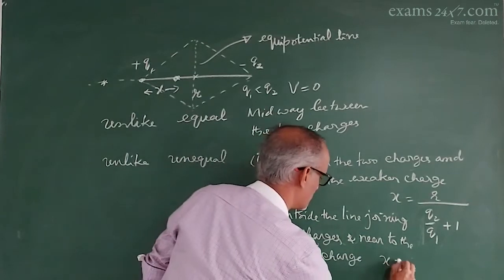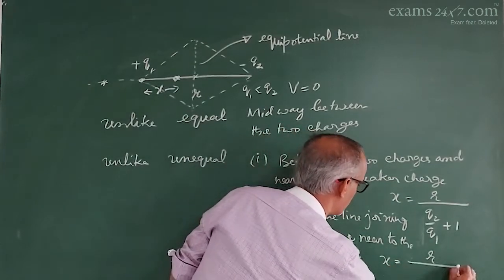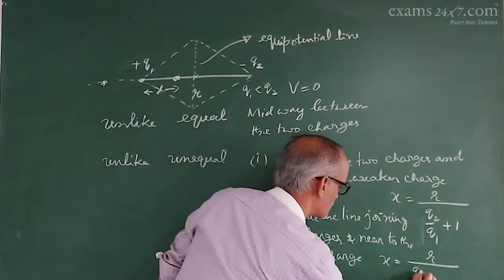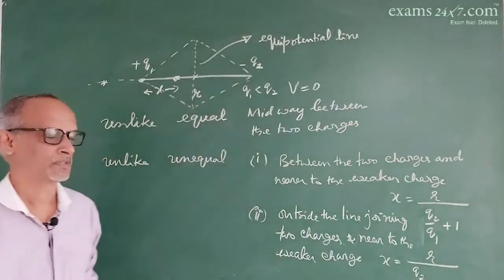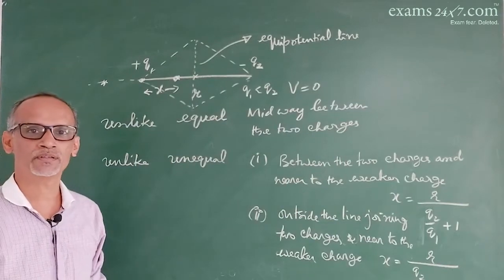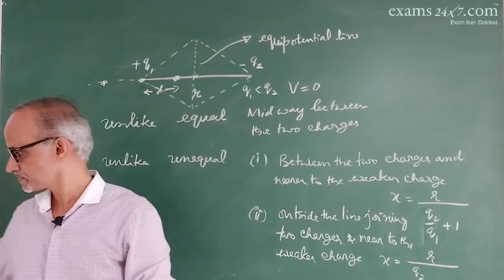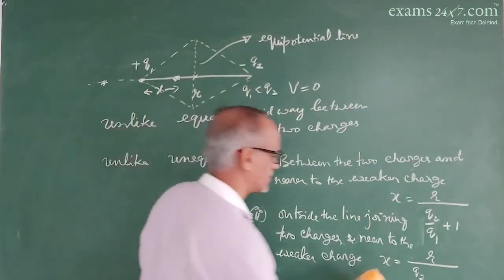That is x is equal to r divided by (Q2 by Q1 minus 1). So that is the formula which is used to find the points of 0 potential.